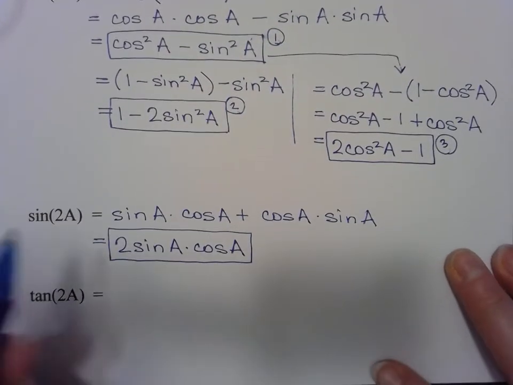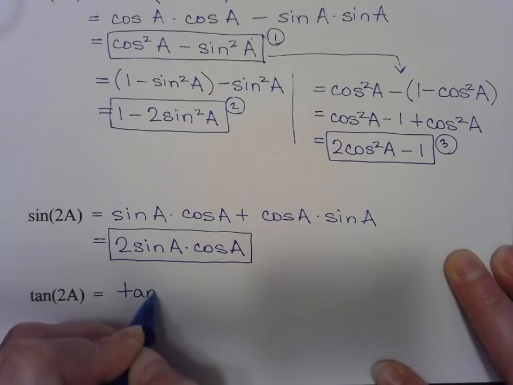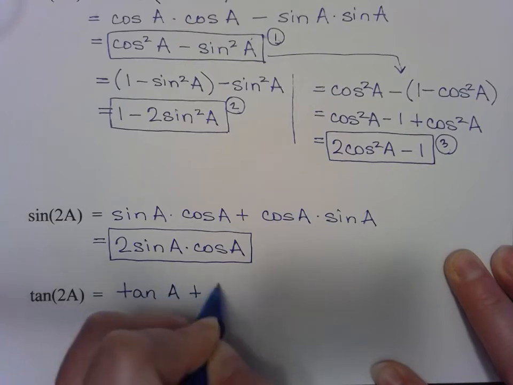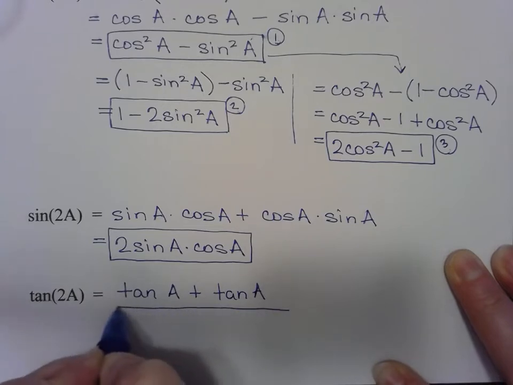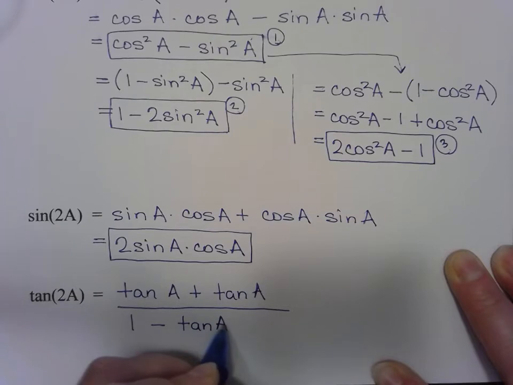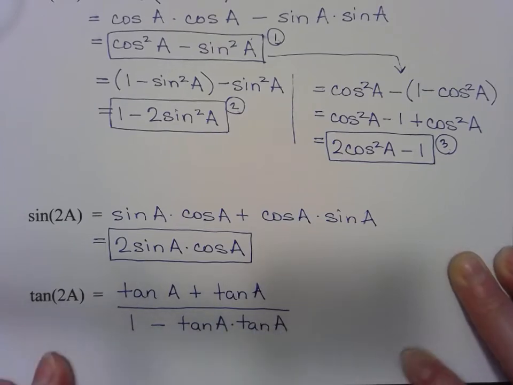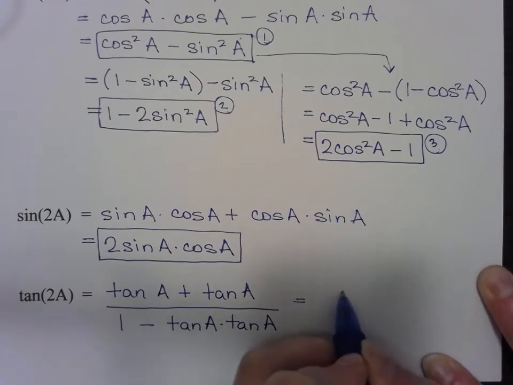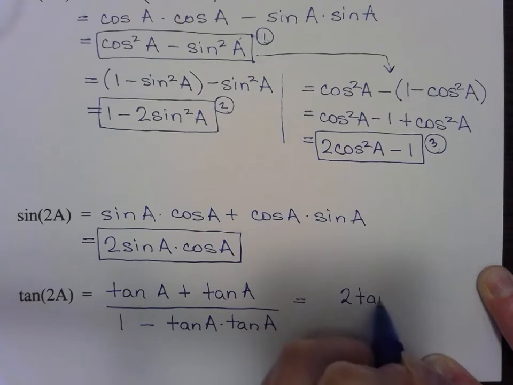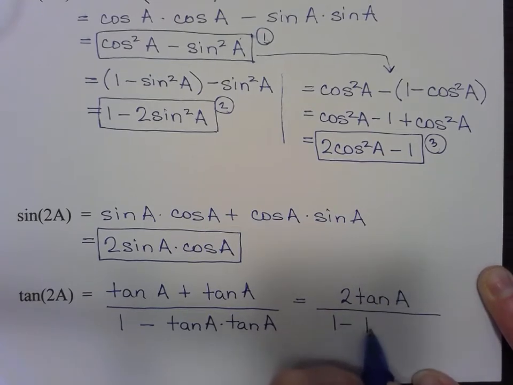And that's going to give me the tangent of A plus the tangent of A over 1 minus the tangent of A times the tangent of A. So that's going to be 2 times the tangent of A over 1 minus tangent squared A.